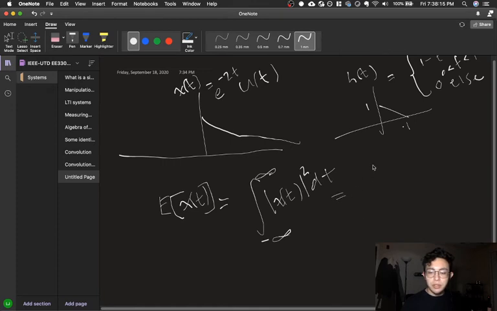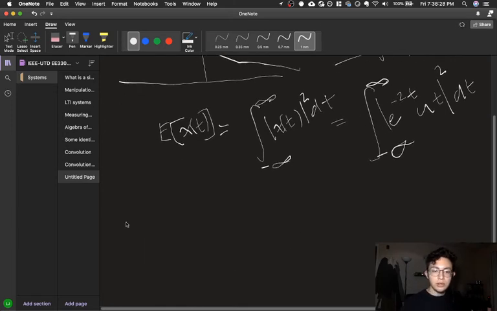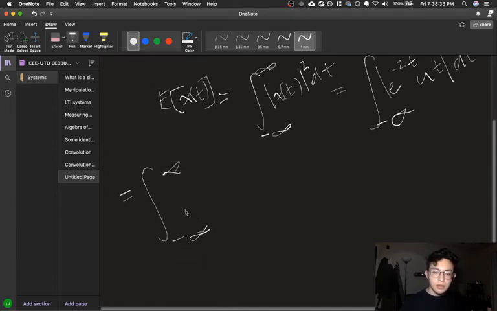So what we know about the signal, I'm going to plug into the integral here. x of t is e to the negative 2t u of t, and then we're going to take the magnitude squared.